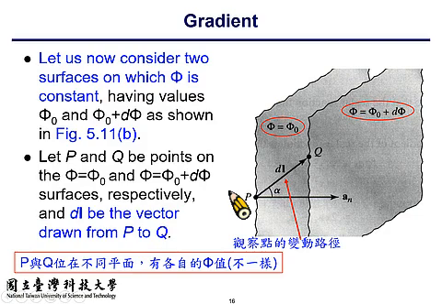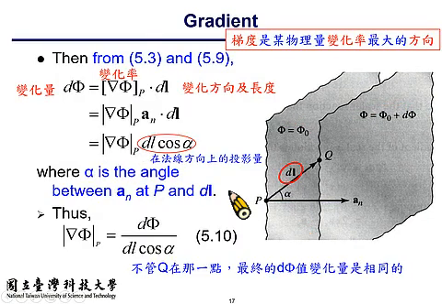And according to the definition of dot product, you have what? If you do the dot product of the gradient of phi at P with dl, you end up with |del phi| dl cosine alpha.